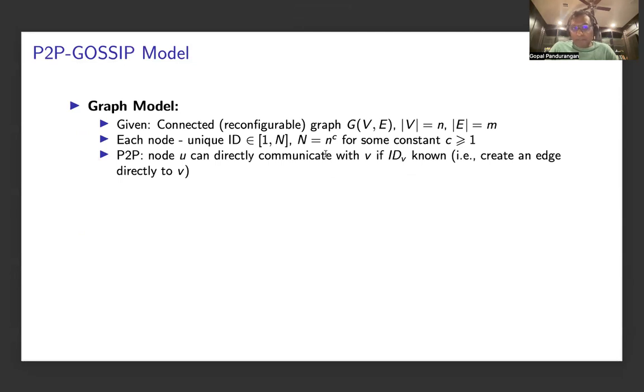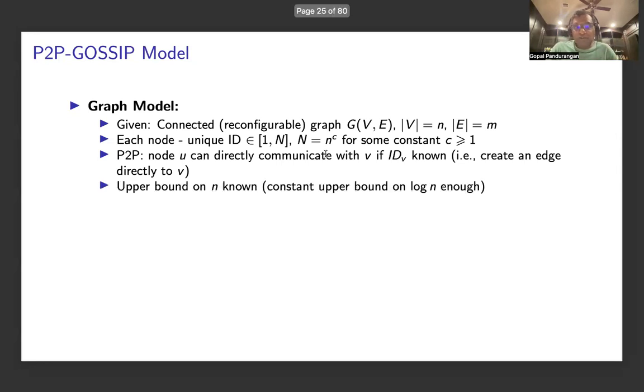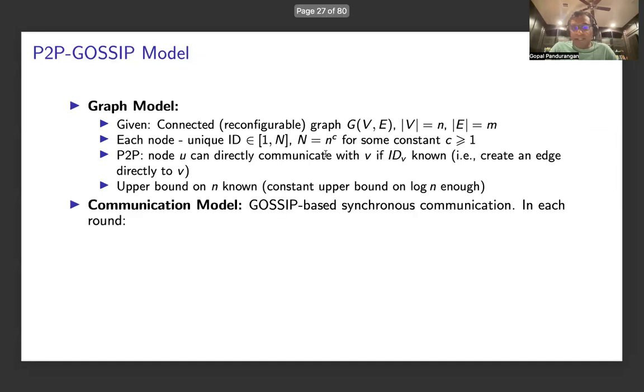We assume the P2P facility. That means a node can directly communicate with another node if it knows its IP address or ID, and it can also create an edge to that node. The important thing is we don't assume any global knowledge, except probably knowledge of n. A node initially knows only its own ID and the IDs of its neighbors. That's very important. So it's local knowledge.